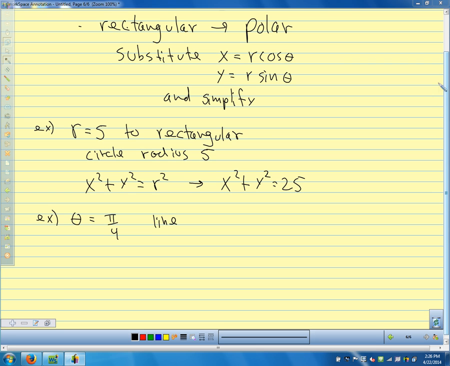Well, let's do our conversion. Tangent theta equals y over x. That's our conversion from polar to rectangular. What's the tangent of pi over 4? 1.